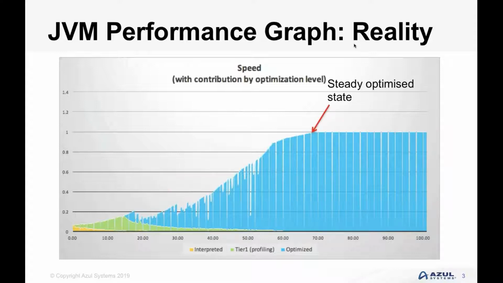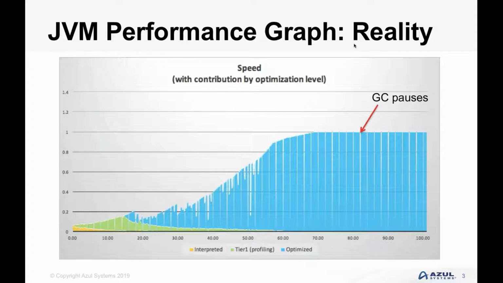So after a while, we get to a steady state where pretty much all the code that's run frequently will have been compiled. It will have been compiled with the C2 compiler to give as much optimization as possible. We'll have passed all of the various speculative optimization de-optimizations. But we still see various dips in the performance of the application. And the reason for that, once we've done all the compilation, is garbage collection.